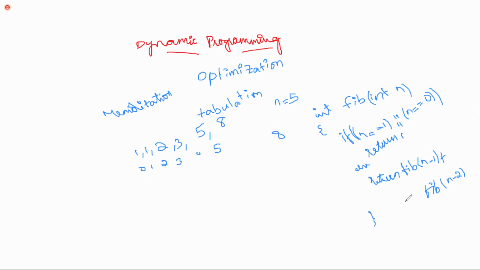False means come to the next line. What are you writing here? fib of n minus 1 plus fib of n minus 2. So fib of n minus 1 is fib of 5 minus 1, which is 4. So fib of 4. Next fib of n minus 2 is fib of 5 minus 2, which equals 3.